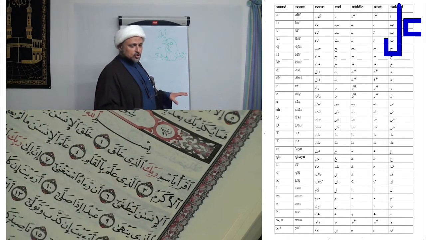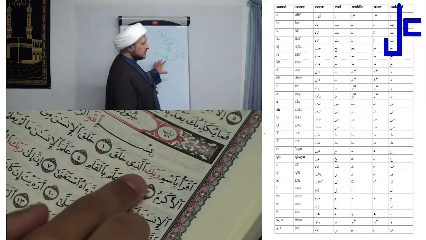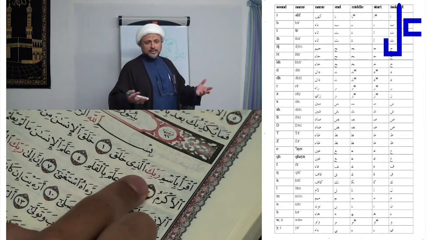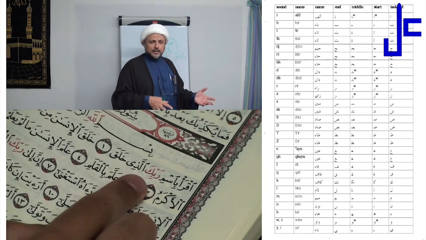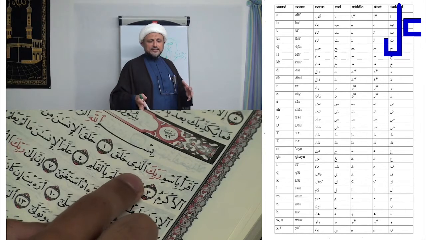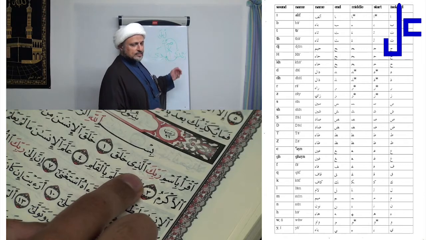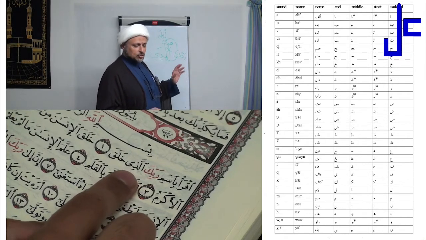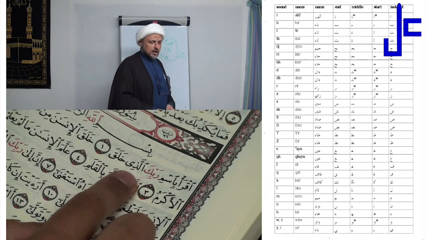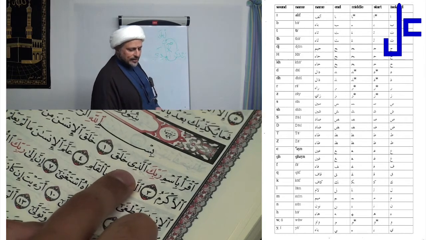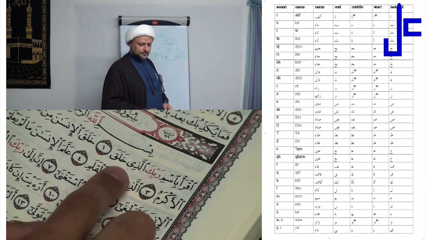So it's good to get familiarized with the standard Quran. The Indo-Pakistanis have simplified the writing so that those who do not know these signs can read it. But we always focus on the standard Quran. Okay? So, Rabbika alladhi.